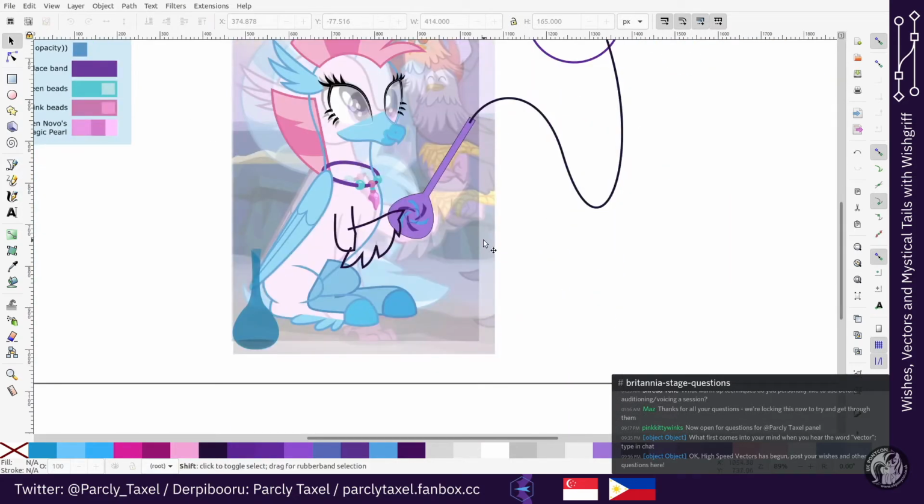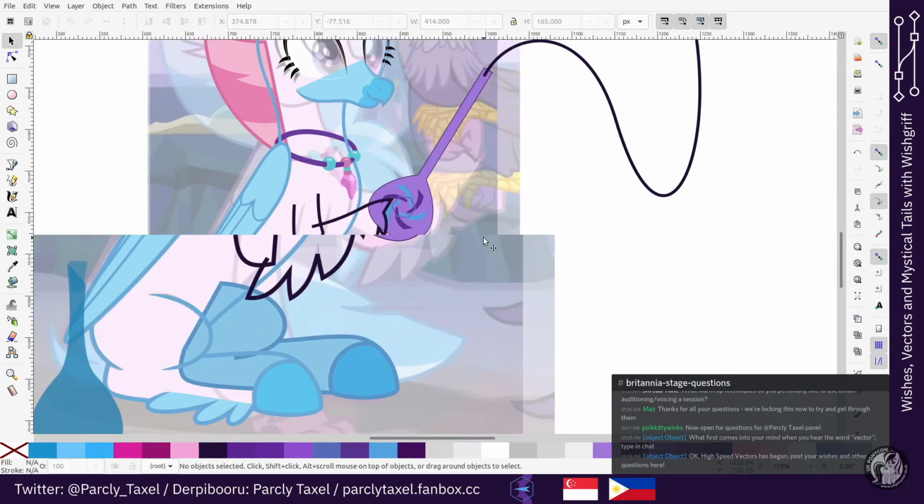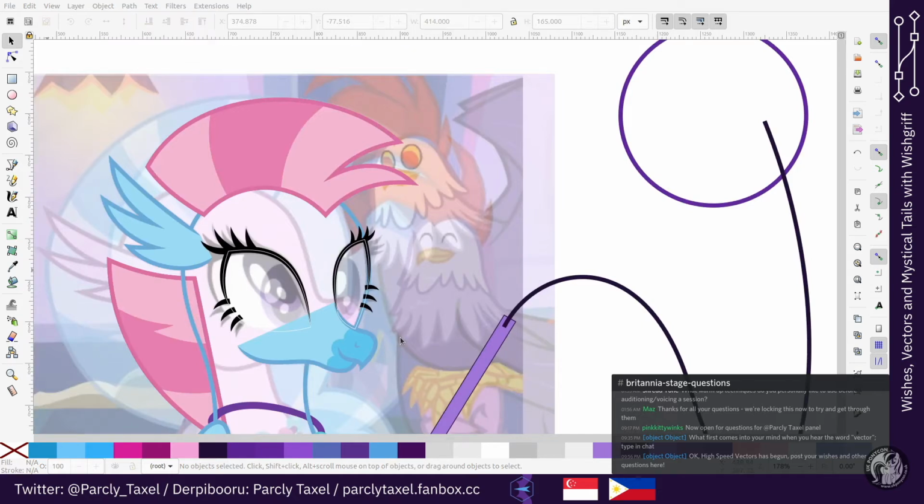Okay, so Wishgriff is very much based on Silverstream, and her brother Bottlegriff is based on Terramar. I'm using a Silverstream template here, but I modified some of the attributes, making it look less like Silverstream.